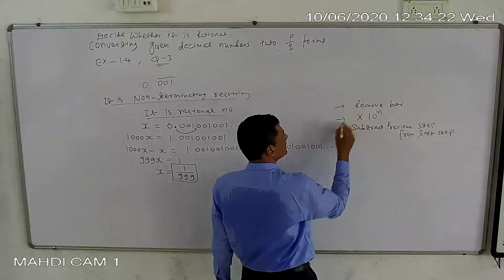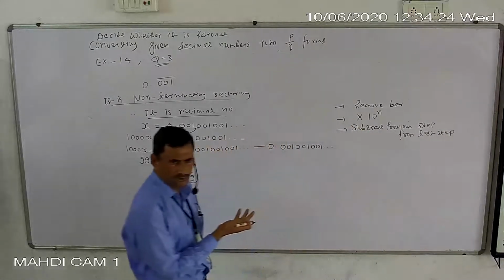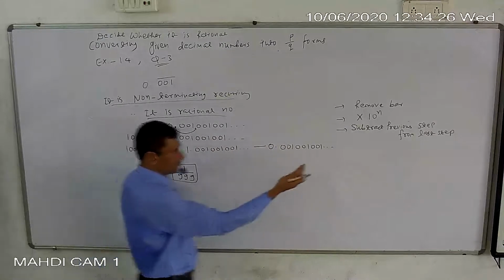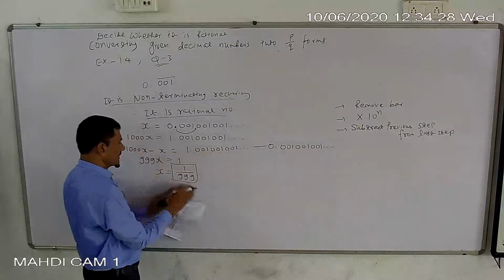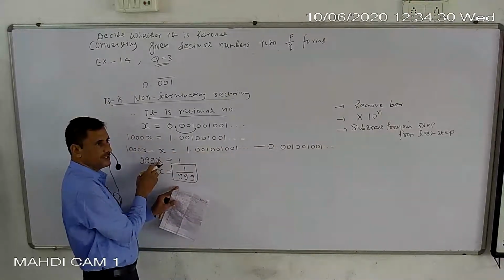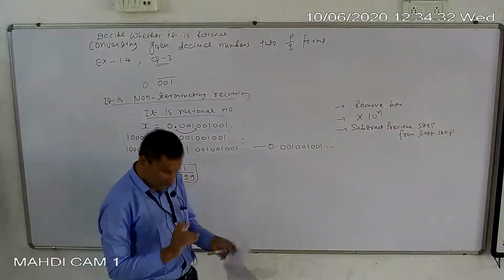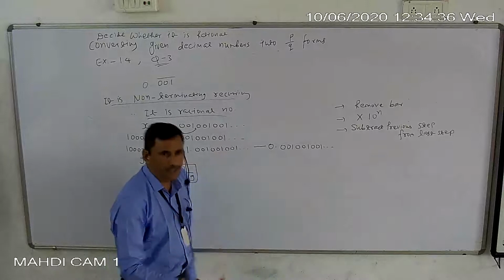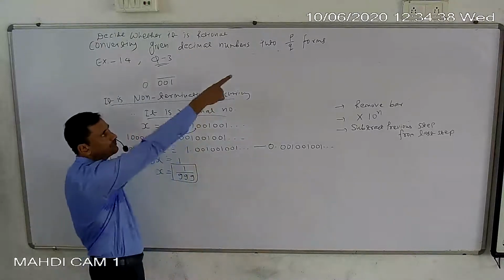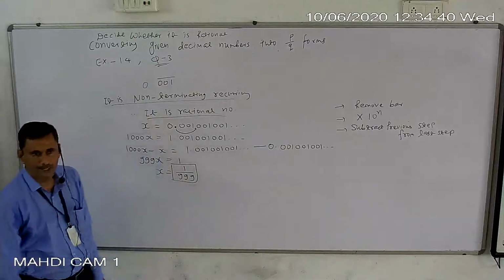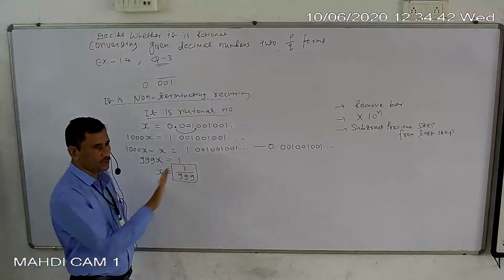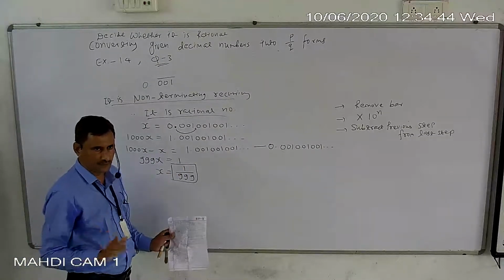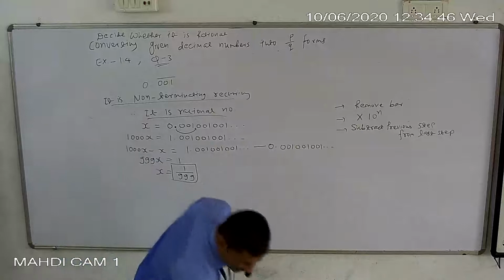Okay, so these are our steps. Now nothing is left after subtraction, only make x the subject. Just find x. So that is the way to convert a non-terminating recurring number into p by q form. If it is terminating, no rule, no process. Very simple.